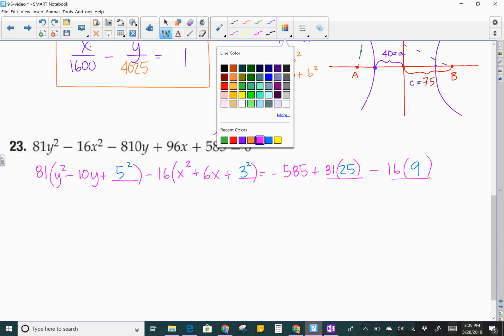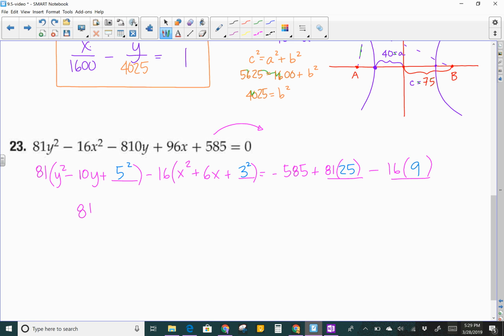So when I go back to factor, I have 81 times y minus 5 squared. You're taking this without the exponent, that without the exponent, and it always takes the same sign. Minus 16 times x plus 3. Oh, guess what?